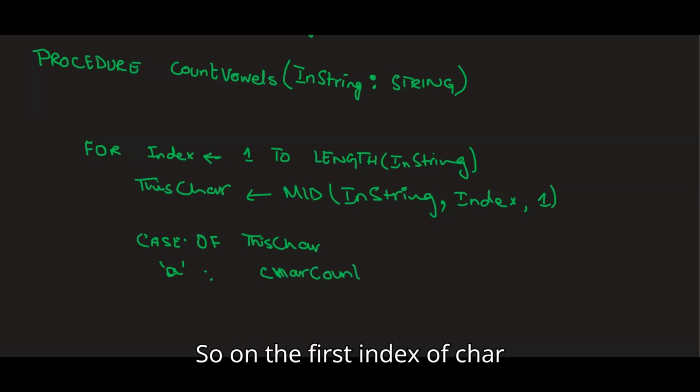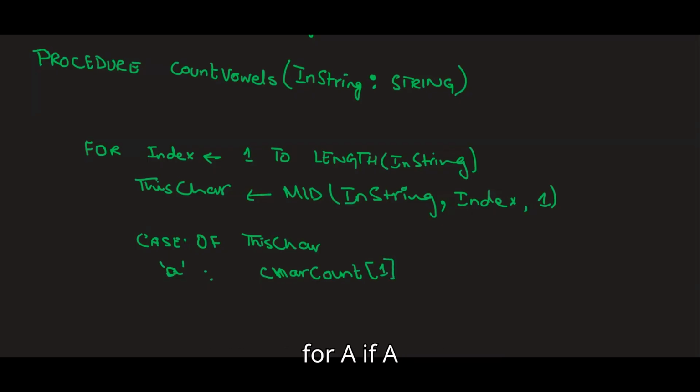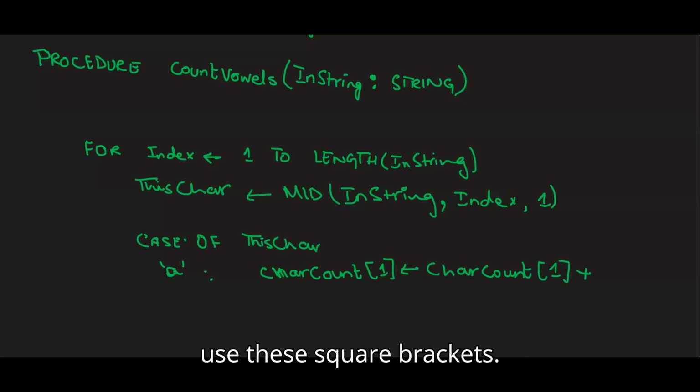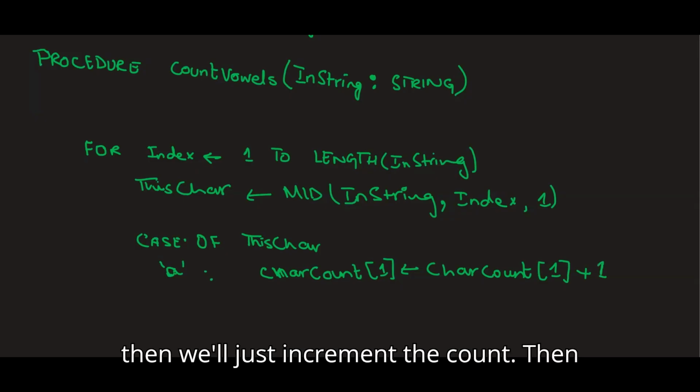So on the first index of char count, I will store the count for A, if A exists. In order to access an array, I need to use these square brackets. And if the character is A, then we'll just increment the count.